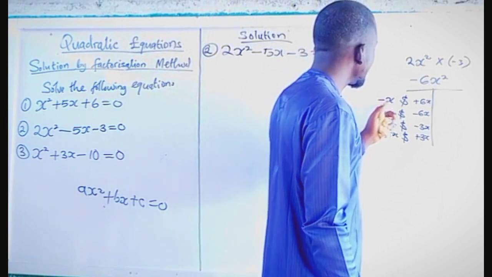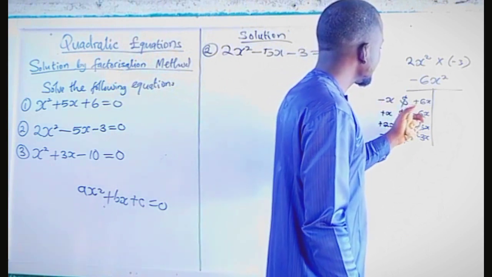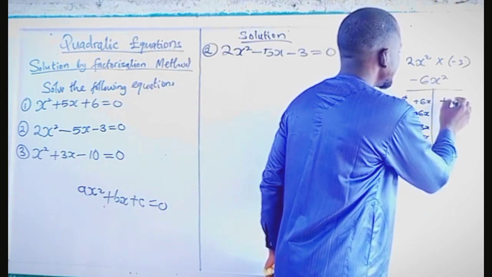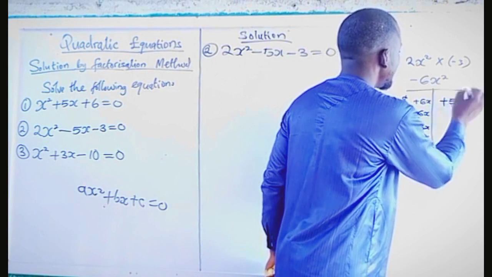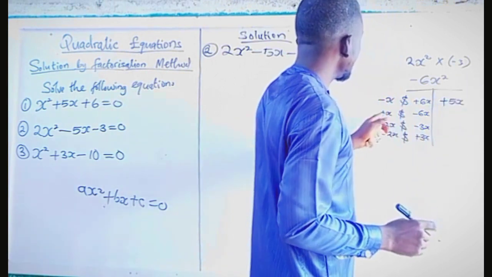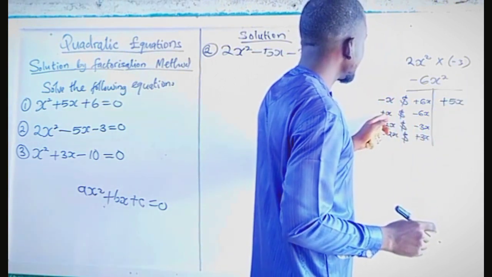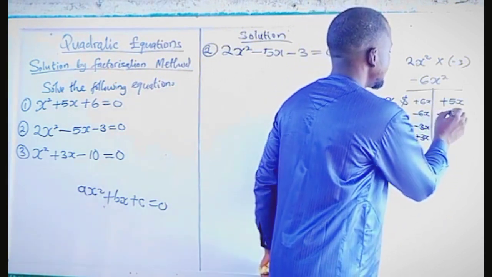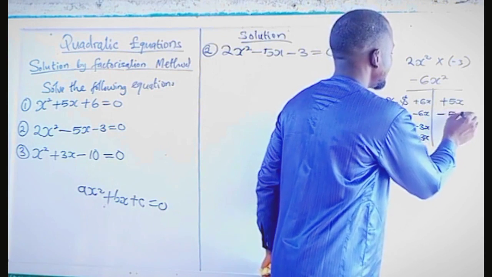Minus x plus 6x gives us plus 5x. The second one, plus x minus 6x, will give us minus 5x.